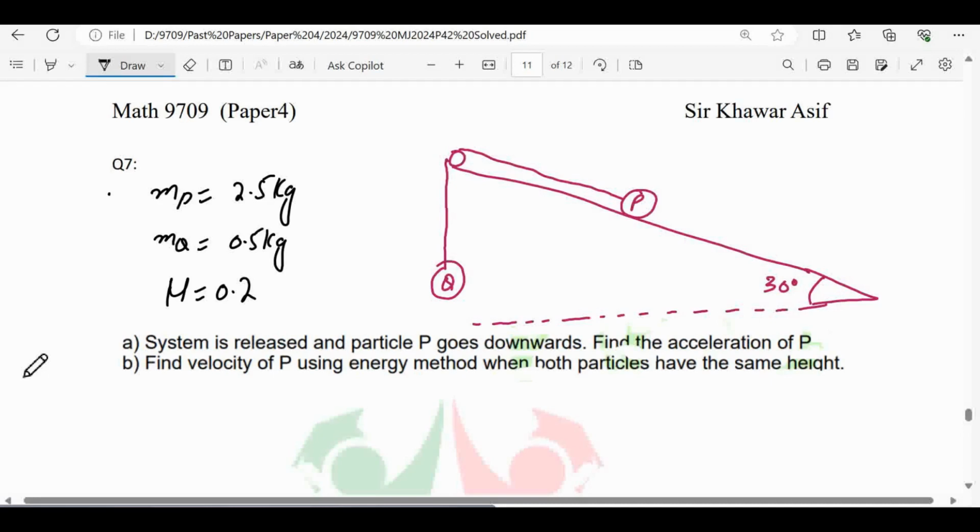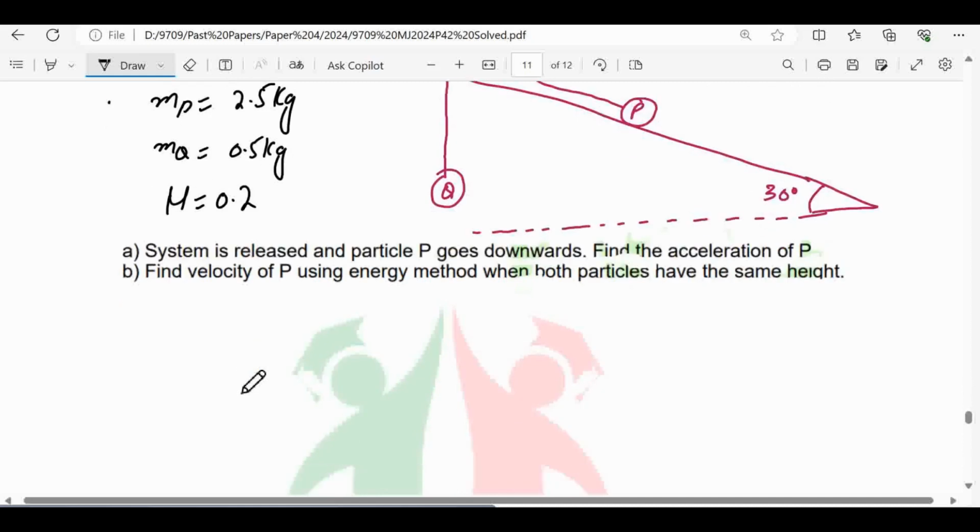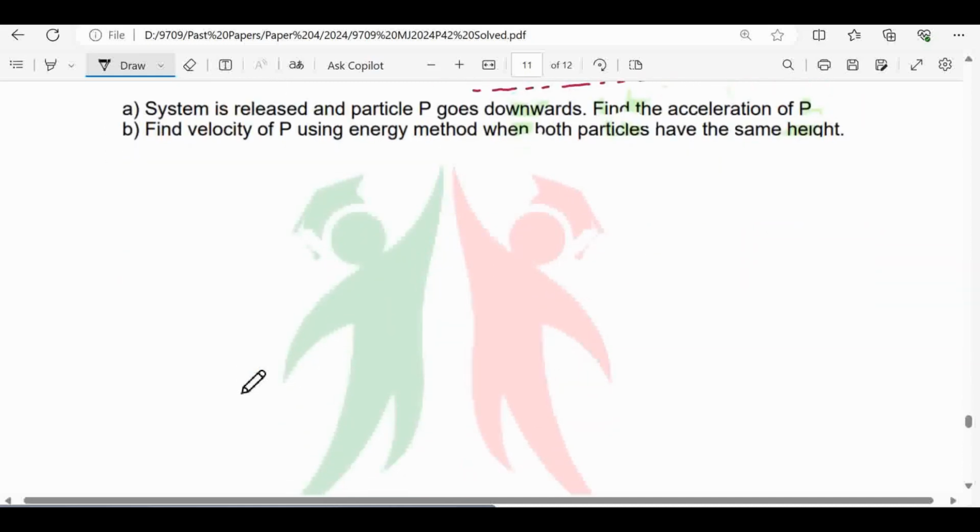This one is question number 7, and this is the data that was given to us. Now what we have to find out: the system is released and particle P goes downward, find the acceleration of P. If particle P is going downward, it means the acceleration is in this direction and the frictional force will be in this direction.